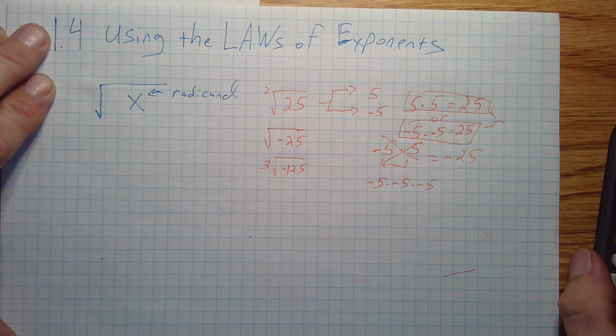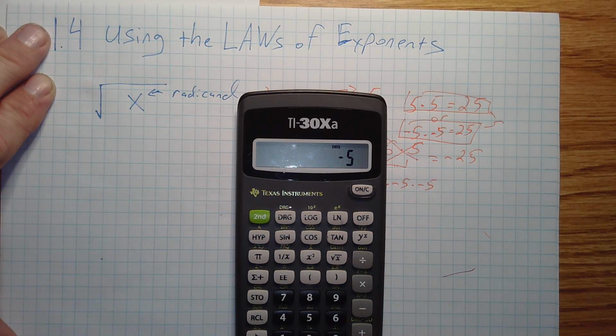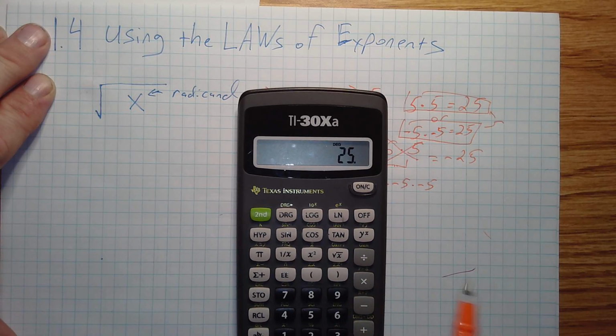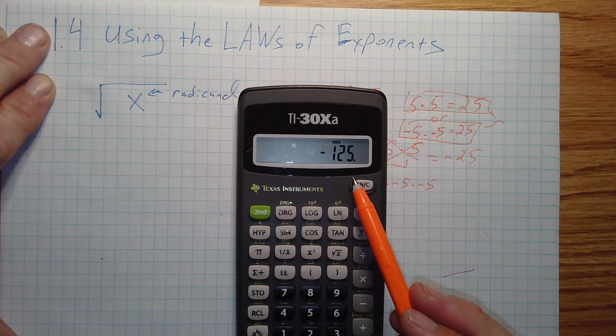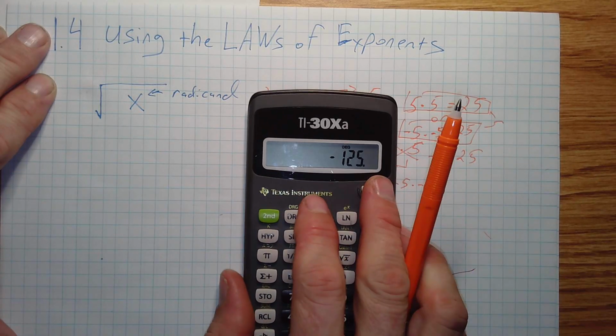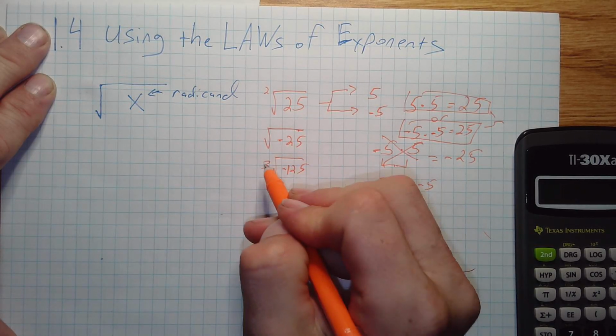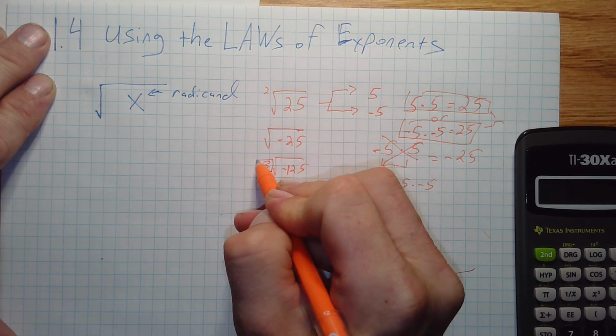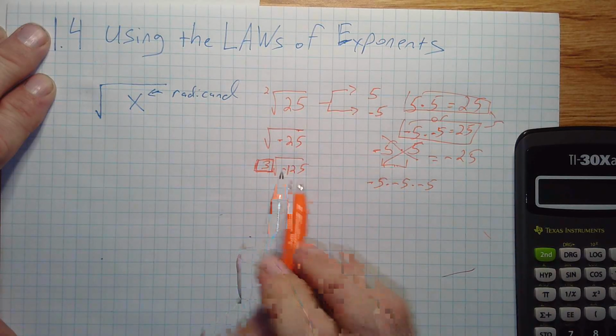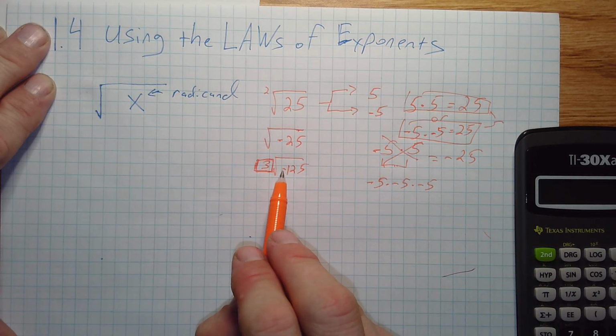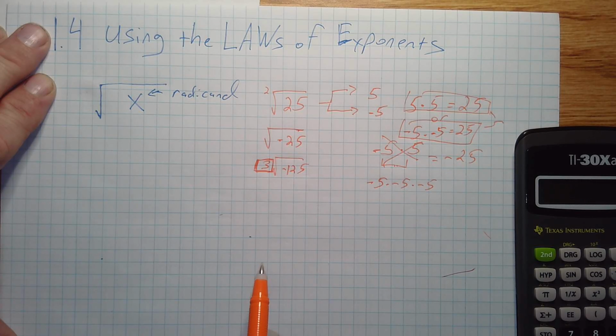That equals -125, so that can be true. But if the index is an even number, I'm not going to have a negative underneath here.